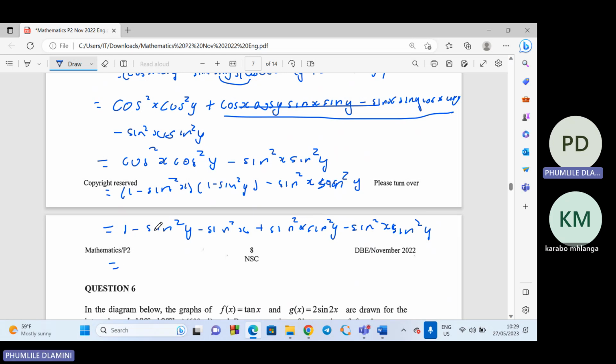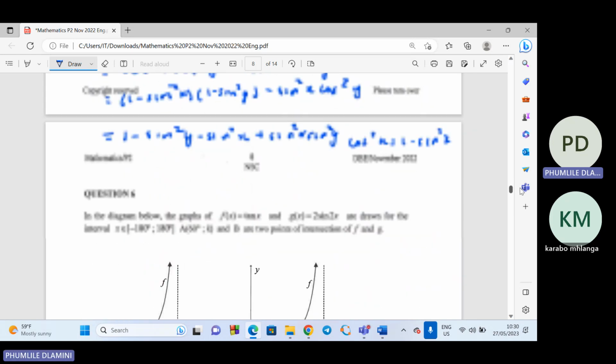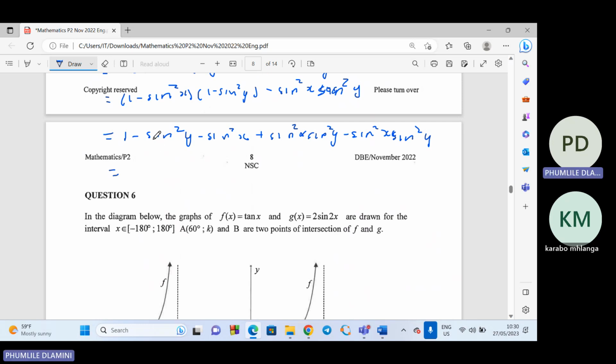Now we can check. If we go closer to check again, now it's like we are getting there. We have 1 minus sin squared x minus sin squared y. But we also have sin squared x sin squared y minus these two. You can see they will cancel now.